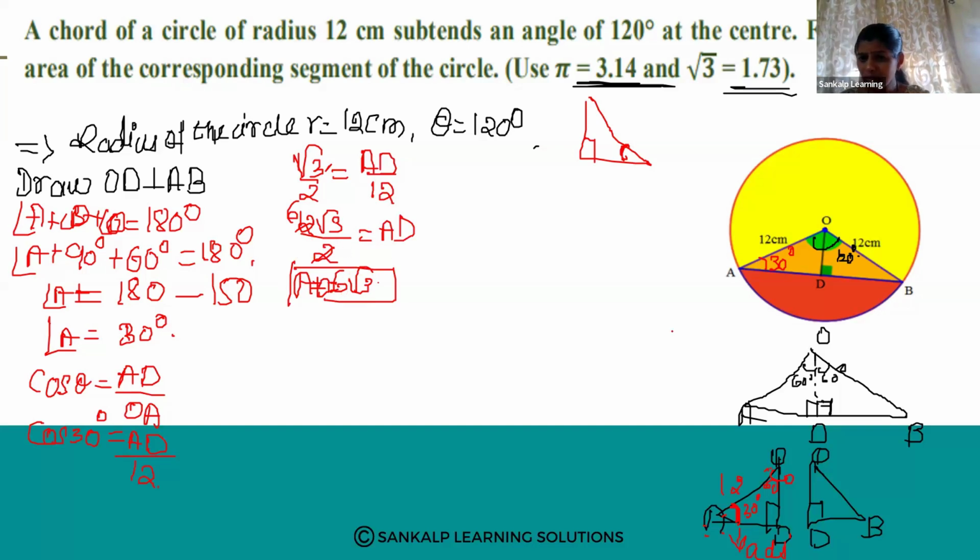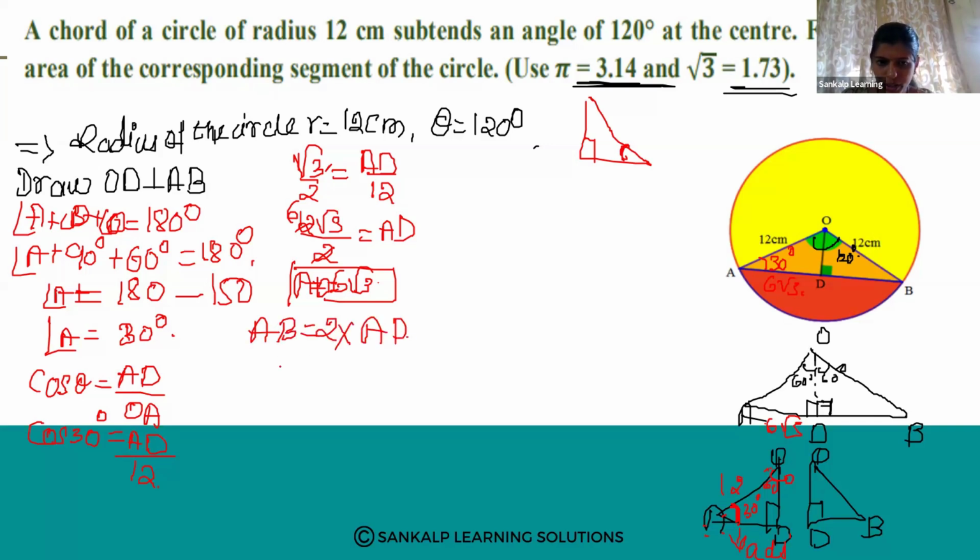Now, AB means what? AD is 6 root 3. But AB means AD plus DB. That means AB is equal to 2 times AD.